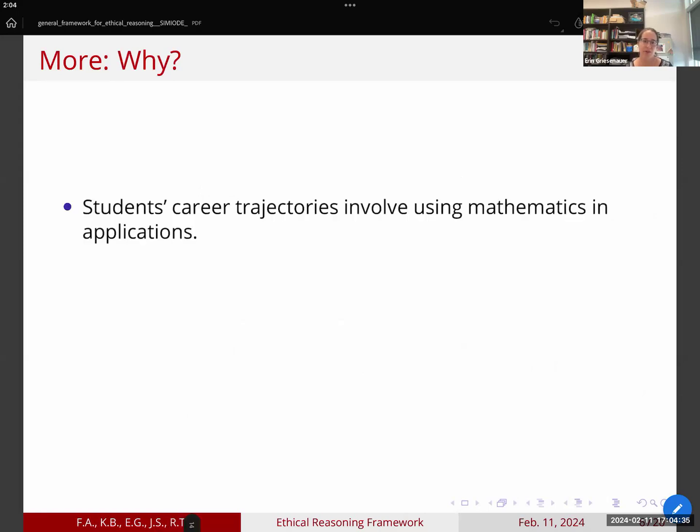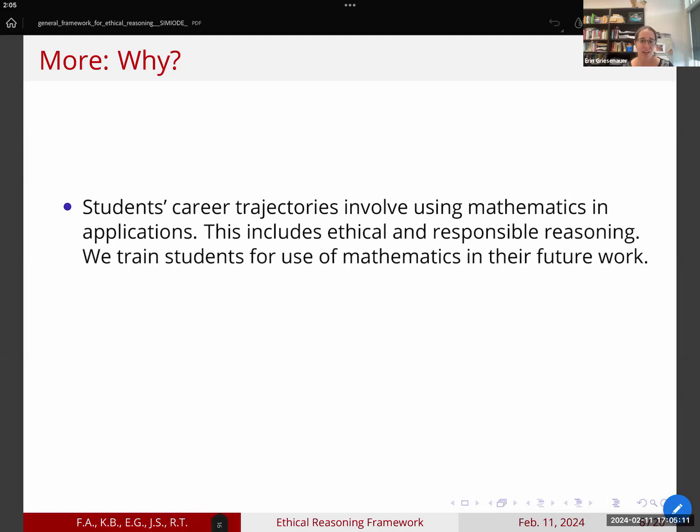So here are some more reasons why. Students' career trajectories will often involve using mathematics in applications in a variety of fields, right? So our students could go on and work in financial fields where they're doing analysis of economics. They could be working as engineers. They could be working as scientists investigating climate change. They're going into a lot of different places, not always working as mathematicians, but often involving real world situations. And in those situations, we would like them to be making ethical decisions.